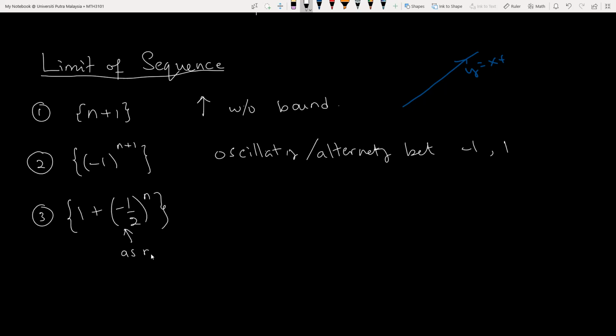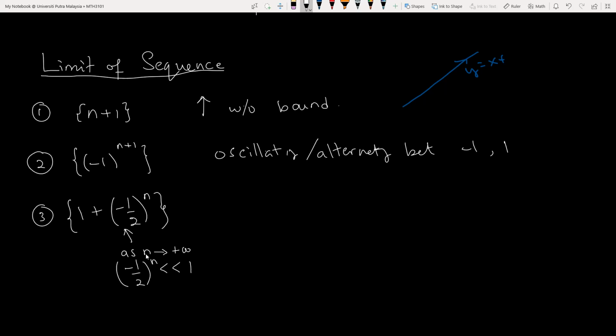As n goes to positive infinity, the value of (-1/2) to the power of n is much less than 1, because this is a ratio. 1/2 will be a really small value.